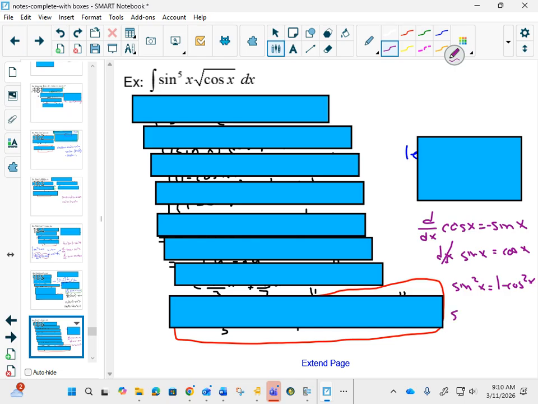I know that cos 2x is 1 minus 2 sine squared x. So when I write out my formulas, since I had powers of sine, that's why I wrote the 1 minus 2 sine squared x one. Right? I also know that sine 2x is 2 sine x cos x.